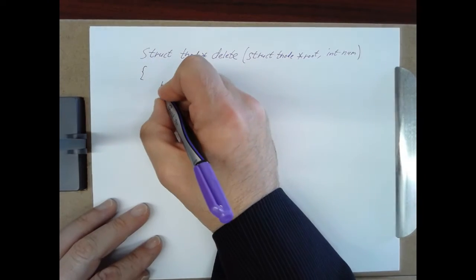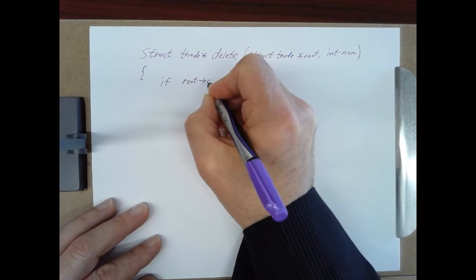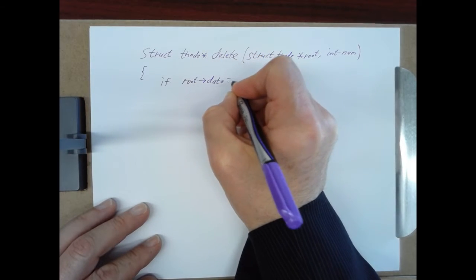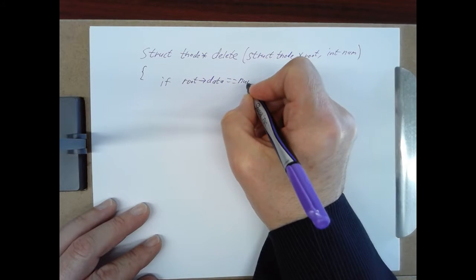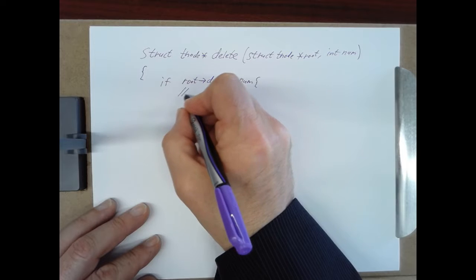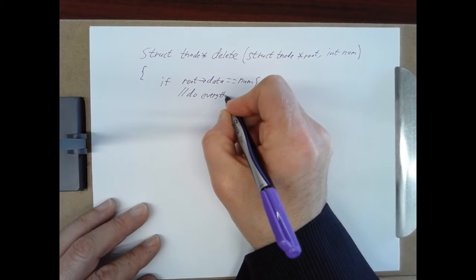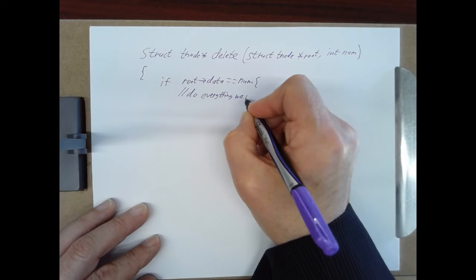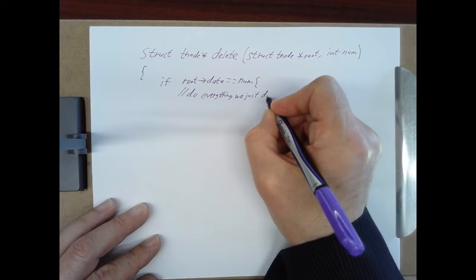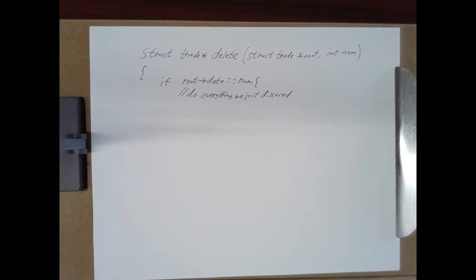Okay, well, if that number happens to be at the root, do everything we just said. Largest thing in the left subtree, move it up, adopt the child, all that kind of stuff.